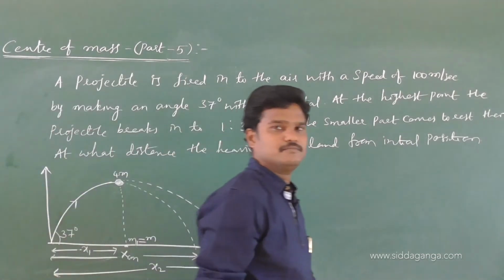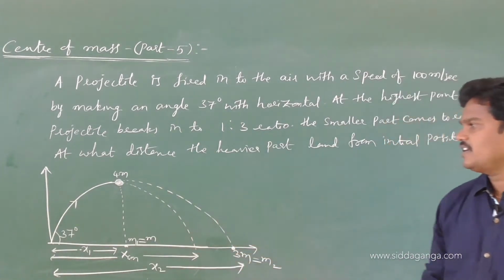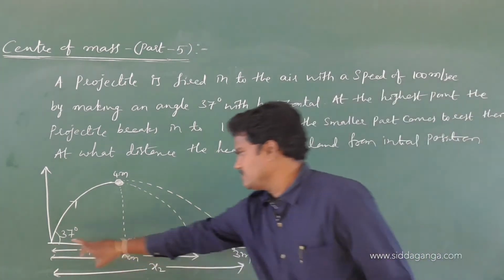See, this is the diagram. Xcm is very clear. Xcm is equivalent to the range of the original center of mass, from here to here.